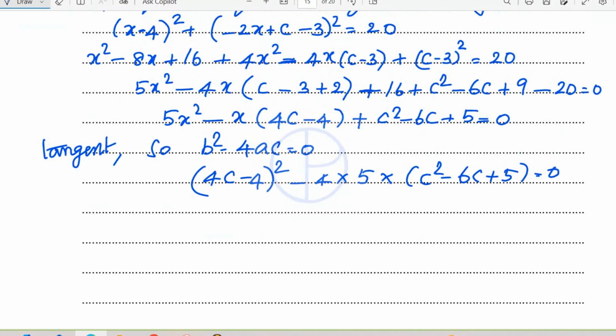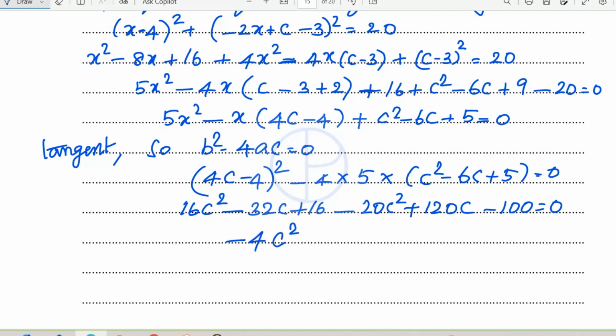Let's expand the brackets. 16c square minus 2 times 4 times 4, 32c plus 16 minus 4 multiplied by 5 is 20. So 20c square plus 20 multiplied by 6, 120c, 20 multiplied by 5 is 100, negative 100 equal to 0. 16c square minus 20c square is negative 4c square.